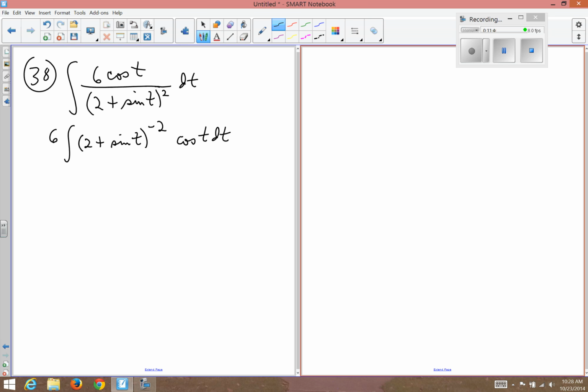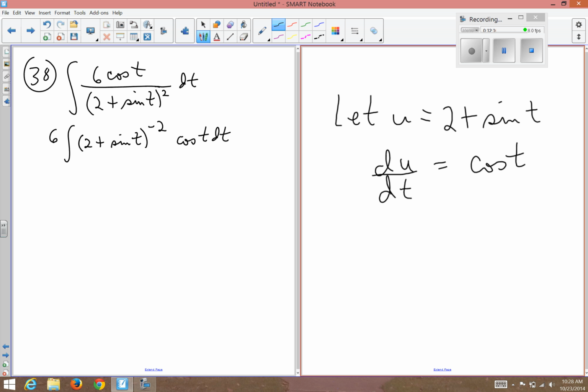So now we let u equal something. There's a lot of possibilities here. U has to equal something that's here. When you're first doing these and you've never done this before, it will be difficult to decide what to let u equal. If we let u equal what's in the parentheses, 2 plus sine t, the derivative of u with respect to t is going to be cosine t, because the derivative of this is 0 plus cosine t.